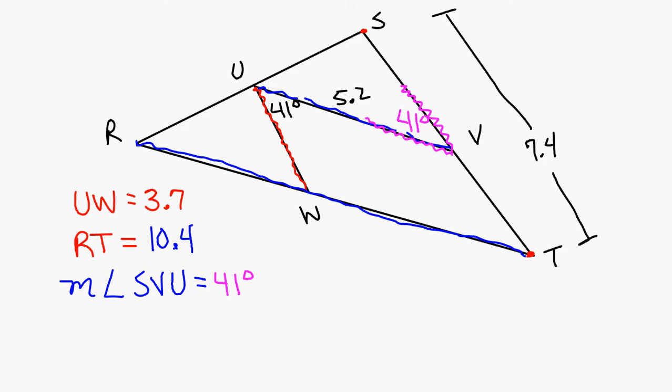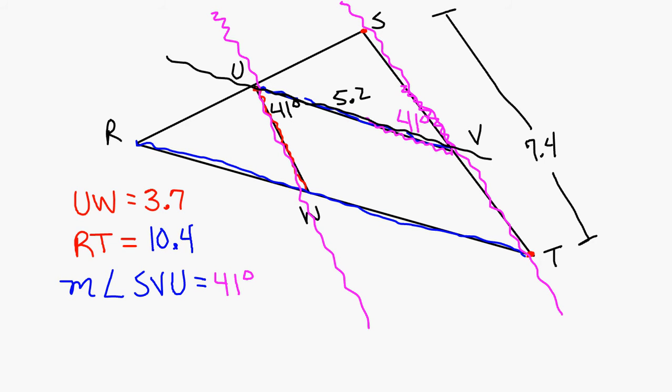Very good. Alternate interior angles. Because this piece, if it was extended, is parallel to this piece, isn't it? If they were extended, this line would be a transversal. So this 41 and this angle would be alternate interior angles.